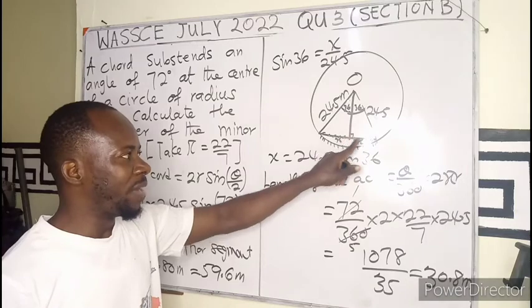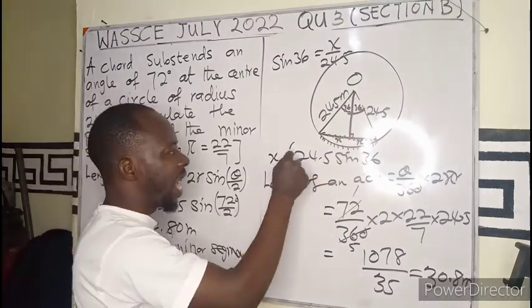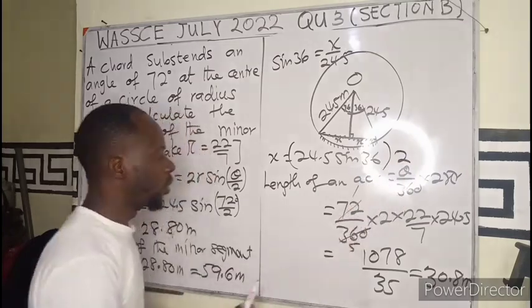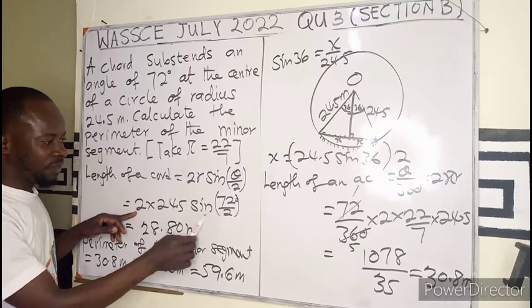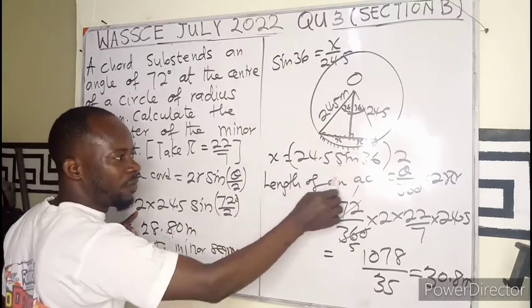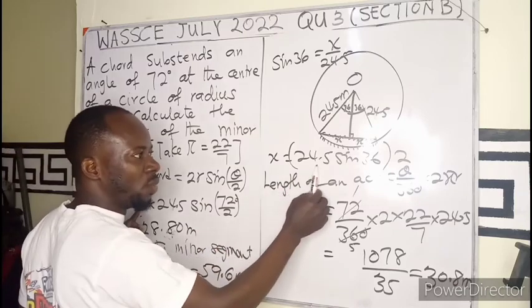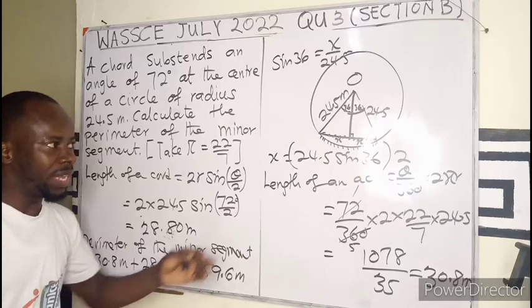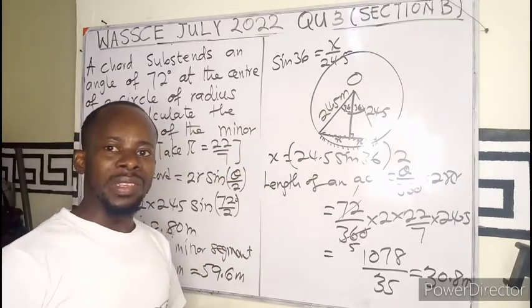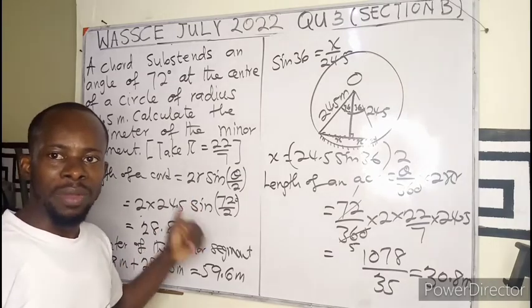But there are 2 of them. So the answer I will get here, I will multiply by 2. You can see it here: 24.5 sine 36 times 2. So you can either go for the sine ratio or use a direct formula. I believe you get the concept.